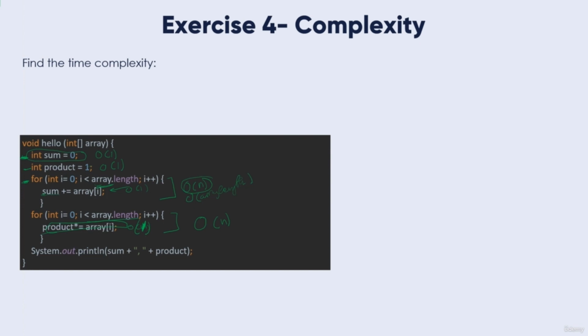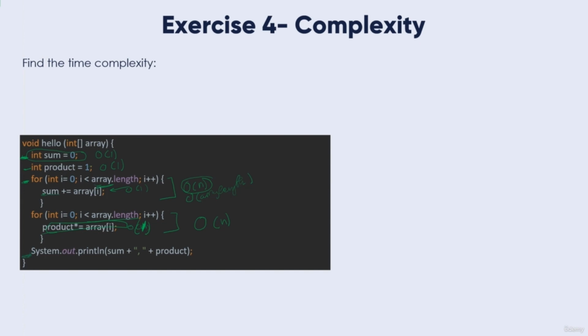Array.length is n, so we are making a product operation from 0 to array length. Again, if the array length is 1 million, it will do the sum operation 1 million times and the product operation 1 million times. So these two loops, these two operations, depend on the length of the array. So O of n will represent its state.